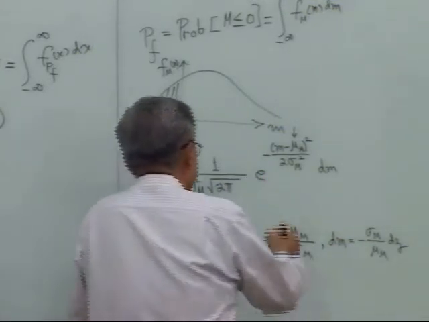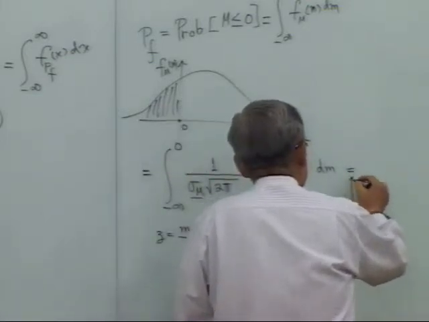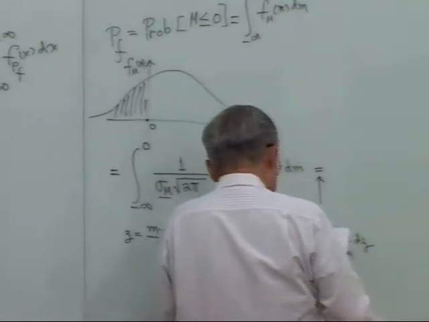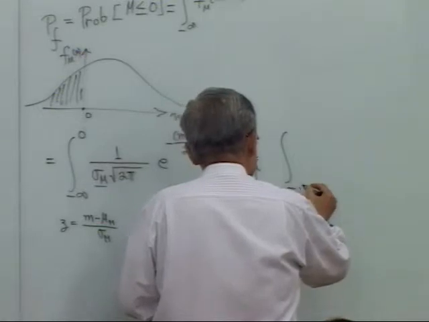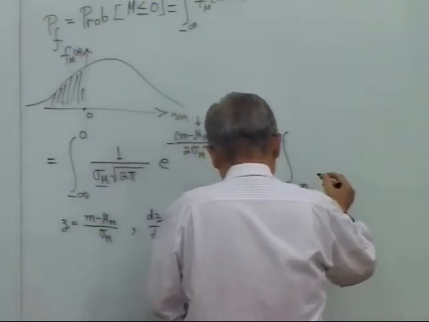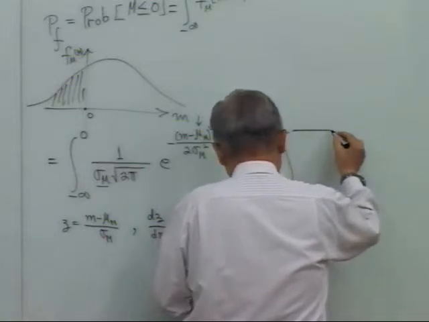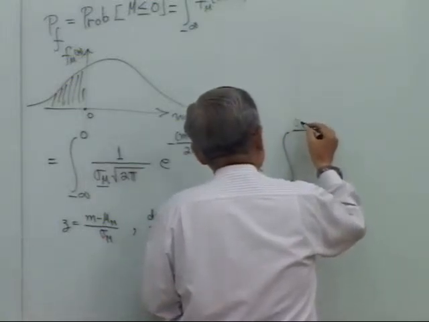So plug all of this in there, and then you have a really nice form, from minus infinity to this upper limit, which you can set as 0.